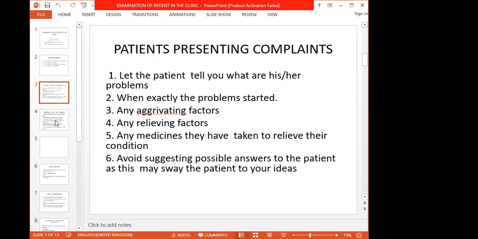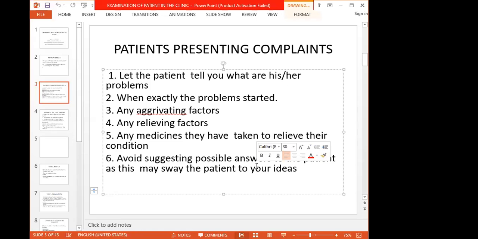Of course, if you are not clear, as a clinician you are also entitled to have clarity of what she's talking about, but not suggesting possible answers. Saying, 'No, I think this is malaria,' such comments are not good for the patient.